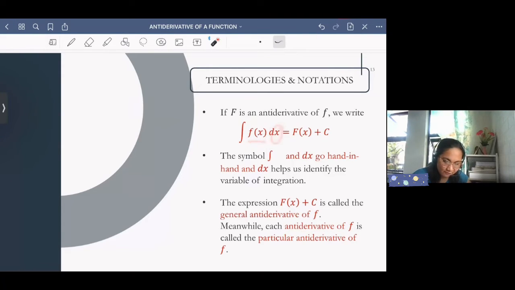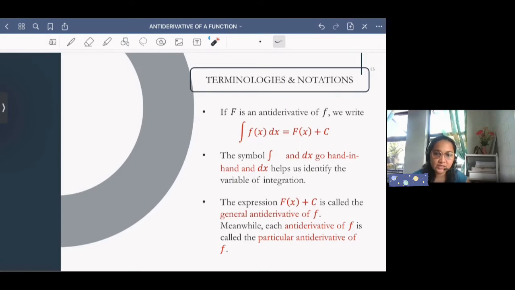Whatever the variable is here, that is our variable of integration. When it comes to the derivative of a function, we have the derivative with respect to x. For this situation, we have the integral of f of x dx, meaning the variable of integration is x.